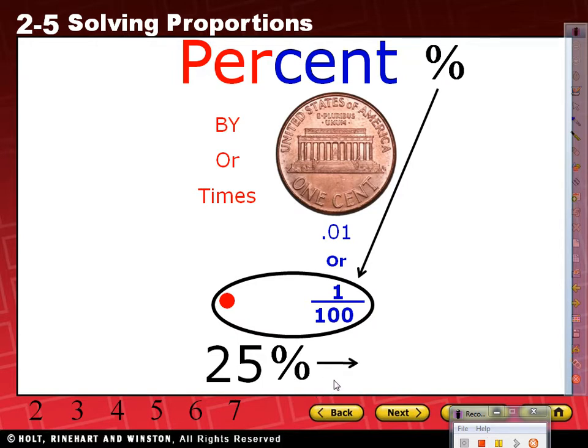I can rewrite this like this. Everybody look up to the screen, please. 25 times 1/100th. Does that make sense? That's why we do this: 25 over 100. Remember they used to tell you to write it over 100? That's where we get it from, because the word percent means to multiply times 1/100.